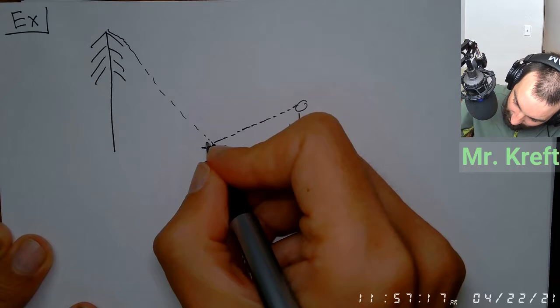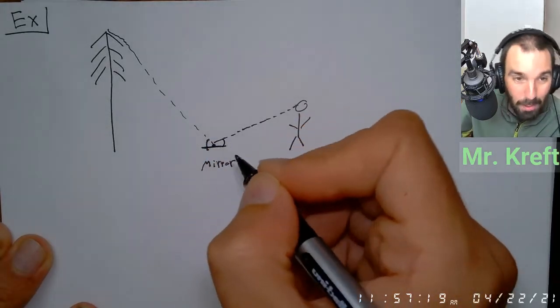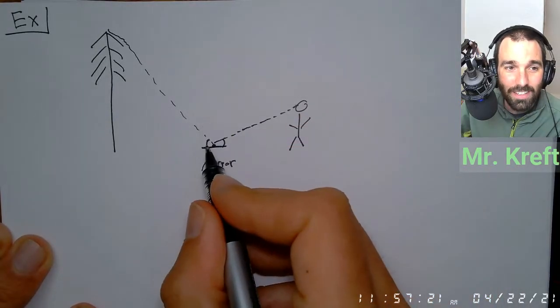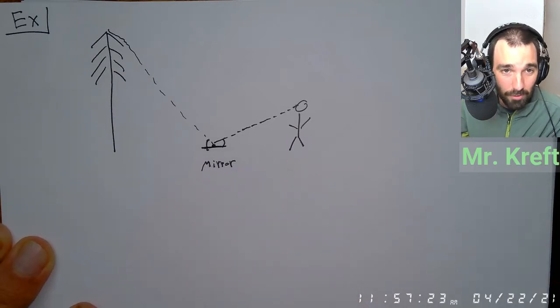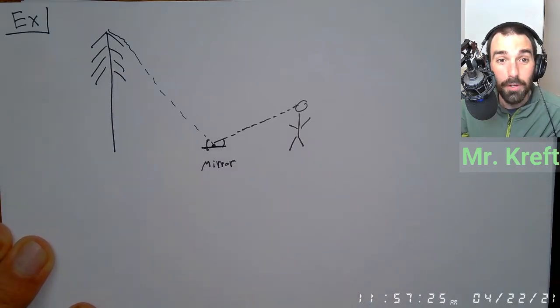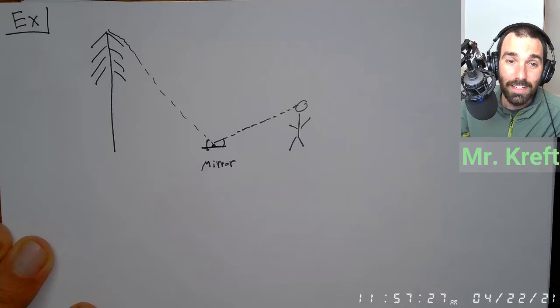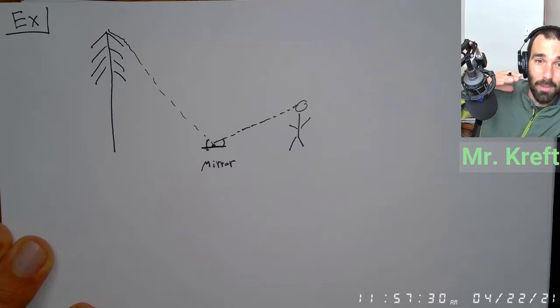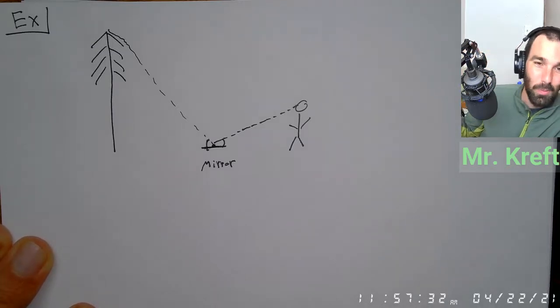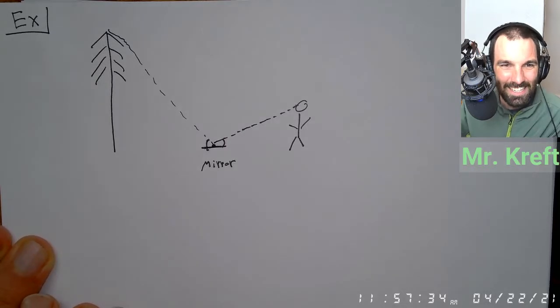And according to Snell's law, I know you guys are super impressed by all my physics. According to Snell's law, an angle of reflection of a mirror, the angle of incidence is the same as the angle of reflection. Ooh, gosh, so much physics today.